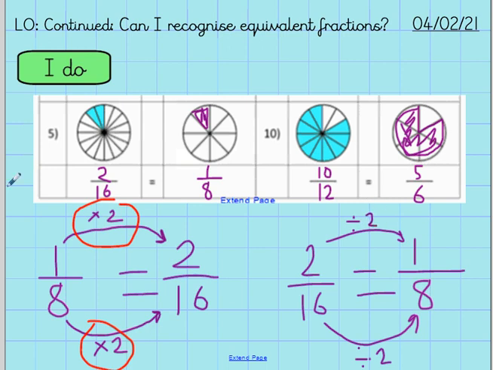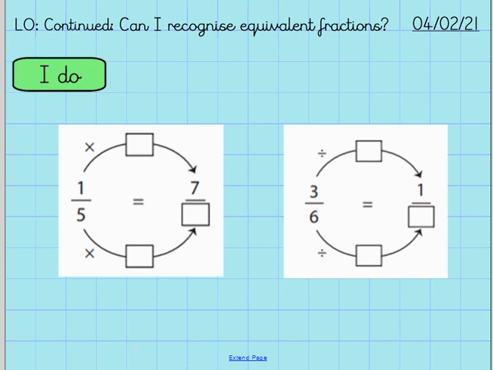Okay, let's have a look at that in a little bit more detail. So what we've got here, and this is how your work's going to be set out today, we've got something set out, and there's going to be a missing piece every time. So to get to 1, what do we have to multiply 1 by to get to 7? 7. 1 times 7 equals 7. Now if we've had to do that at the top, we know we're going to have to do that down the bottom.